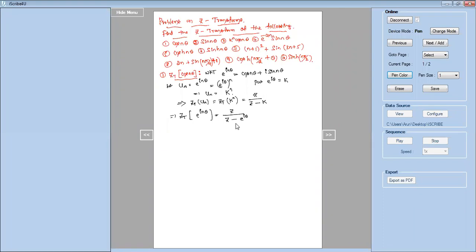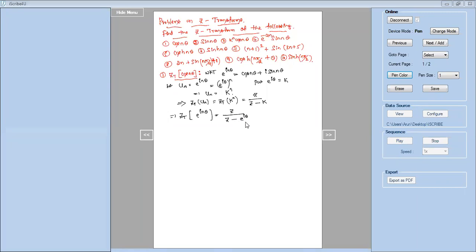This is a function in which e power I theta is a complex number, cos theta plus I sin theta. And once you have a complex number in the denominator like this, you're going to rationalize it. You'll multiply and divide by the conjugate. Here the conjugate means z minus the conjugate of this complex number, e power I theta. What is its conjugate? It is e power minus I theta.